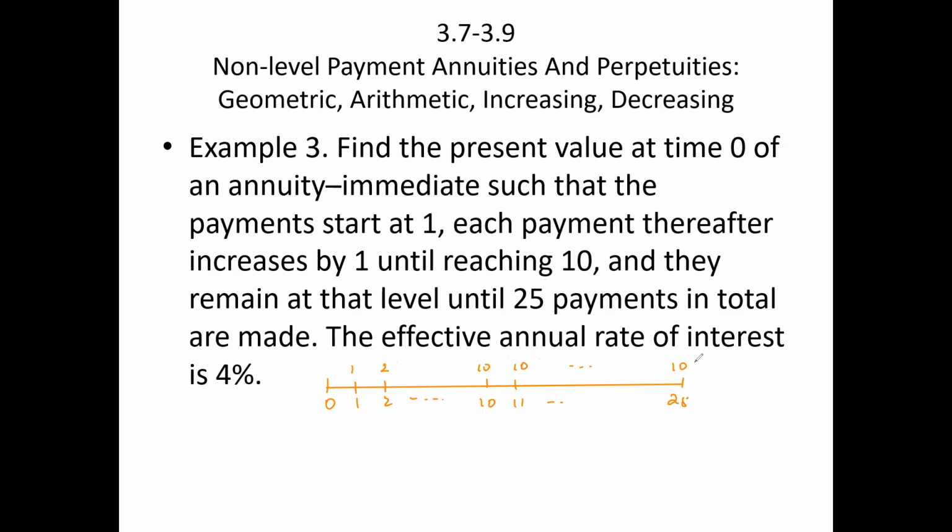So the first part of the annuity has a base payment of $1 and then increases by $1. So actually we have P equal 1 and Q equal 1. The present value here, we're going to use the notation (Ia) with 10 payments at 0.04.